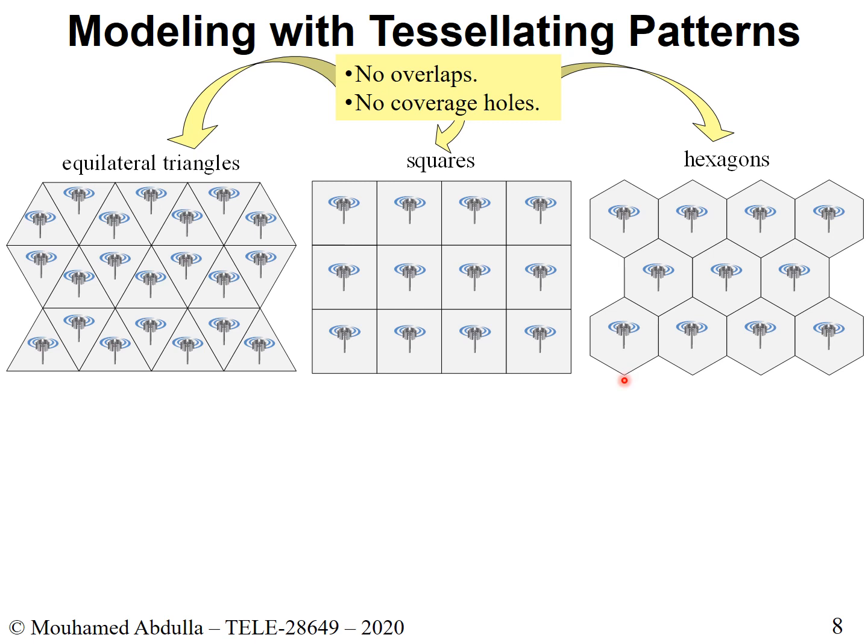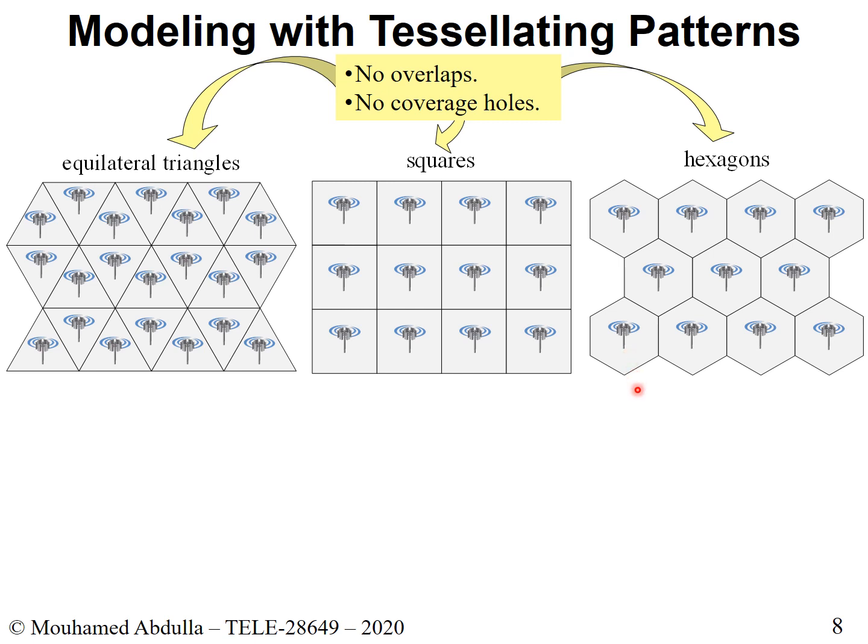Don't forget, when we identified the coverage of a cell, the gray area here of each cell represents the coverage of a cell. We said the coverage will in general be circular, assuming that the eNodeB is an omnidirectional antenna. It radiates in all directions.